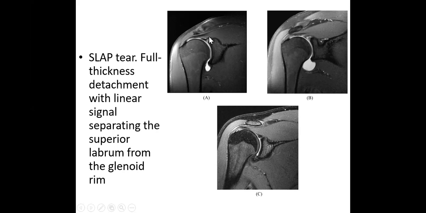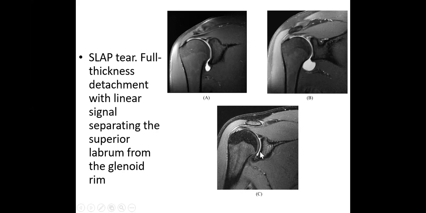You can see here यहाँ पे आपको एक wideness नजर आएगी, फिर यहाँ पे आपको नजर आ जाएगी, यहाँ पर ये हम एक cut जो है यहाँ देख सकते हैं। सो इन तीनों images में ये अलग अलग patient के हैं और ये तीनों में हम यहाँ पे देख सकते हैं कि there is a clear separation of the superior labrum from the rim.